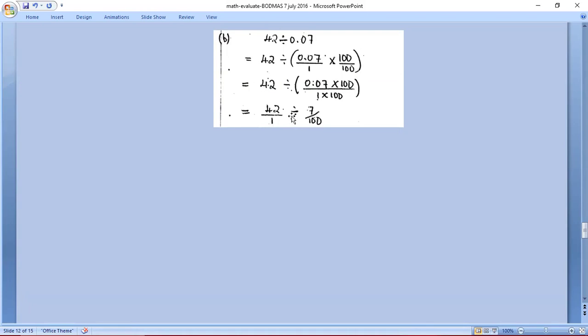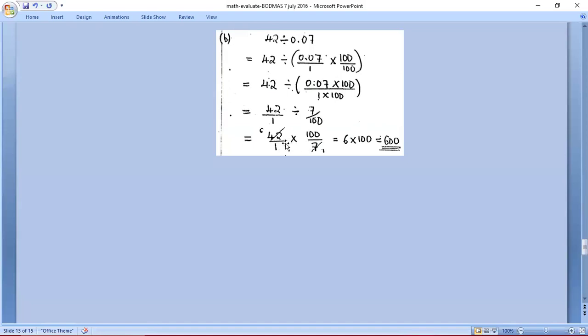Then when you're dividing fractions, you convert it into multiplication first by flipping the second fraction, such that the numerator becomes the denominator and the denominator becomes the numerator. When you do that, here it becomes 42 over 1 times 100 over 7.